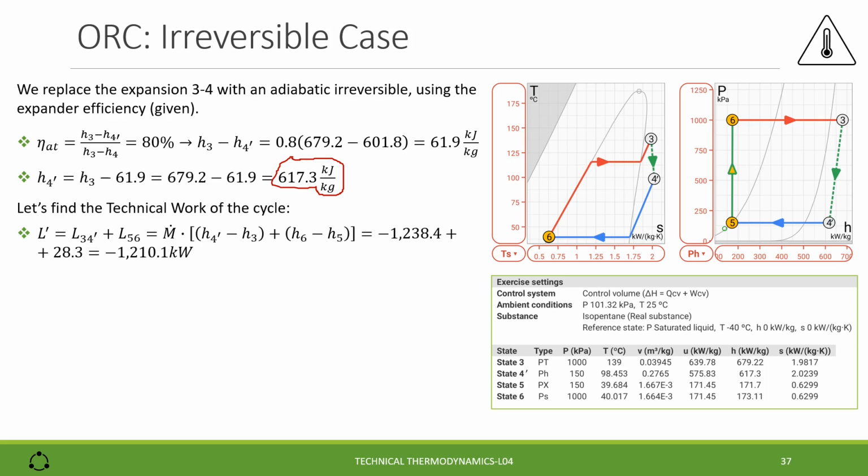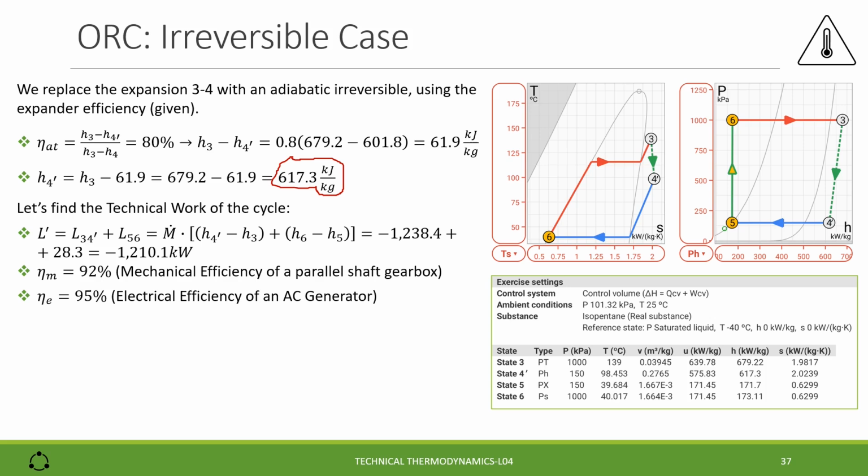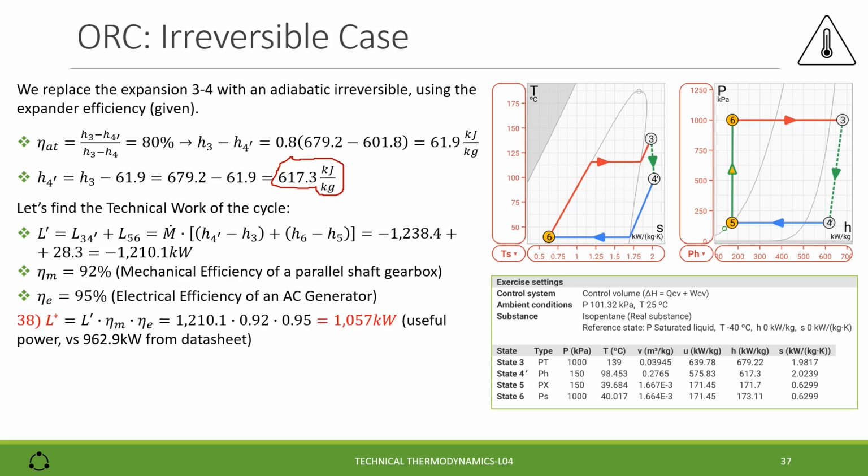The result says negative 1210.1 kW. If we assume the mechanical efficiency of the gearbox being 92% and the electrical efficiency of the generator being 95%, we can determine the useful power L star as a product of L prime, eta M and eta E. Altogether, we find 1057 kW, which is not far from the datasheet value of 962.9 kW.